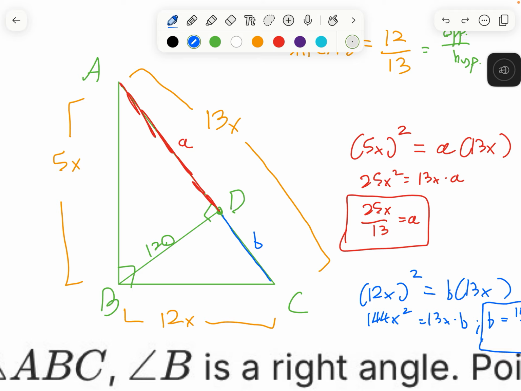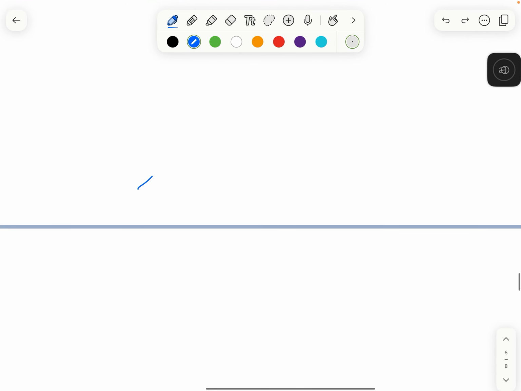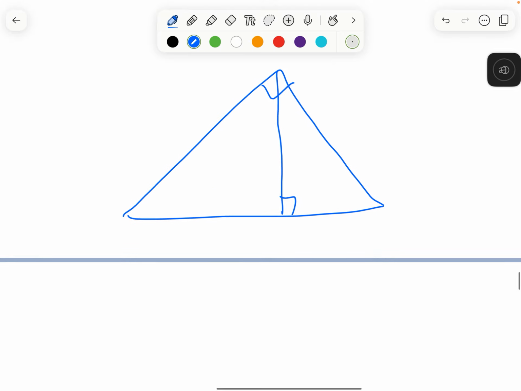And on the SAT, it's not always going to be this specific orientation. What I mean by that is sometimes you might have a right triangle like this and the altitude here. But once again, use the same logic.